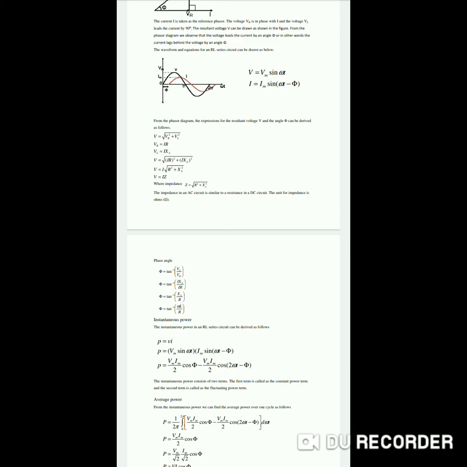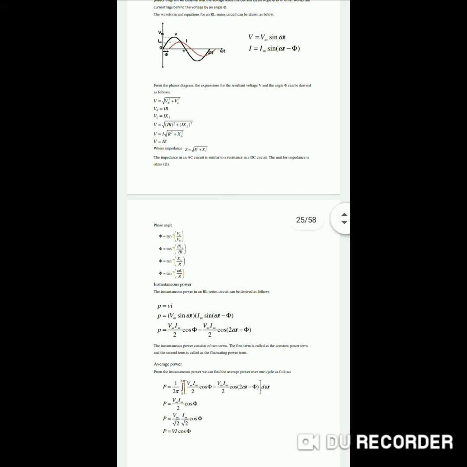To find the phase angle, phi = tan inverse of VL divided by VR. Putting VL = I XL and VR = IR, the I cancels, so phi = tan inverse of XL divided by R.